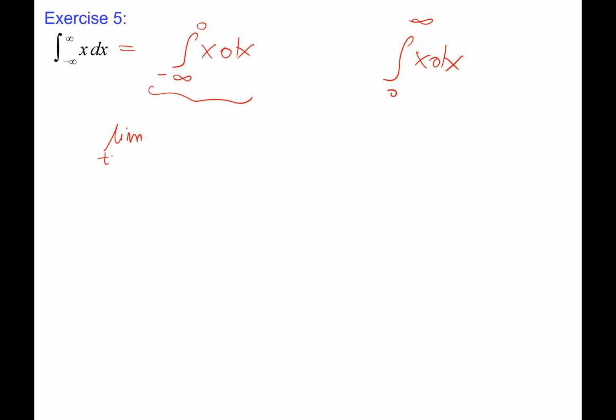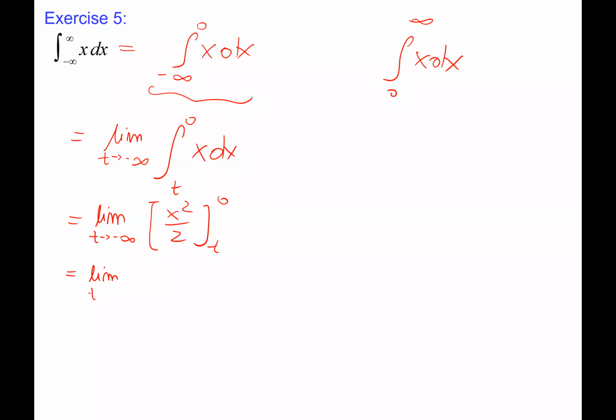Limit as t goes to negative infinity, integral from t to 0 of x dx. The integral of x is x squared over 2, from t to 0. Let's evaluate. This will be 0 over 2 minus t squared over 2.